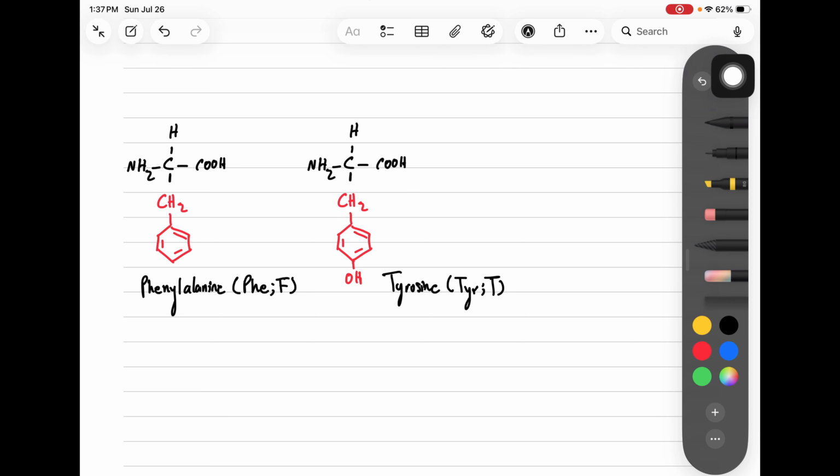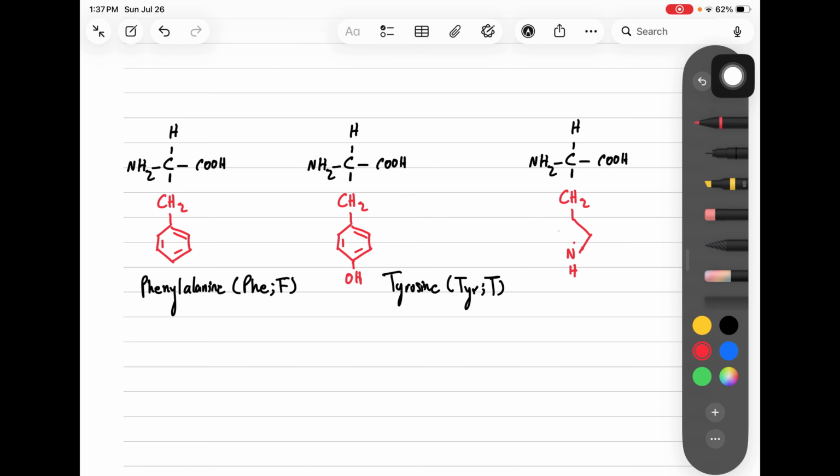Tryptophan is, sorry, I'll show it here. The difference with tryptophan is it's not a single benzene ring anymore. There are two ring structures here. Let me draw it like this, an NH group here. It's going to be easier if I write it down.